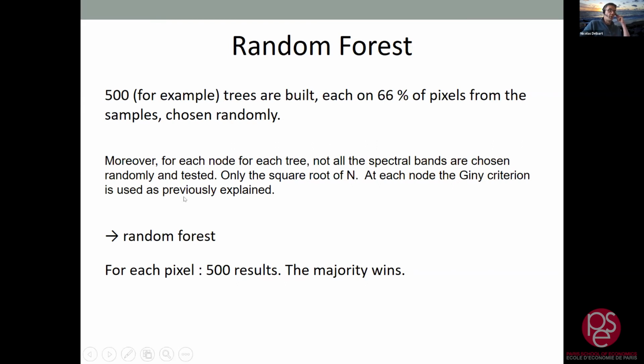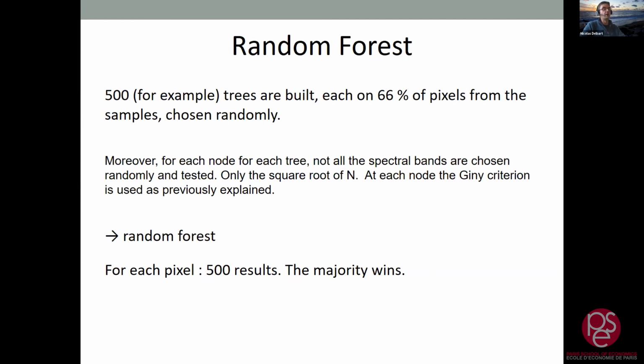So what we are going to have at the end is 500 decision trees. Then the 500 decision trees will be applied to the whole image using the whole set of spectral bands. For each pixel, we will have 500 decisions. Some pixels will be classified, for example, 300 times as forest, 100 times as water, and 100 times as built up.